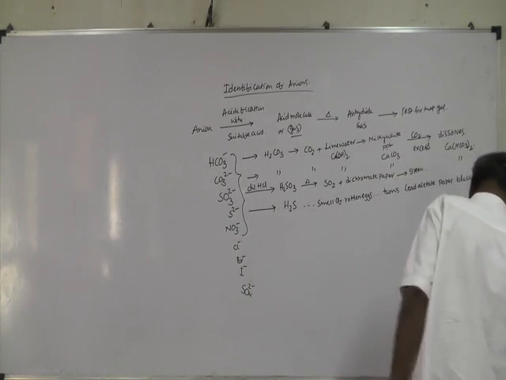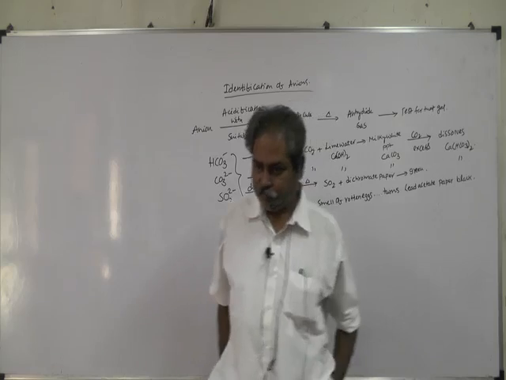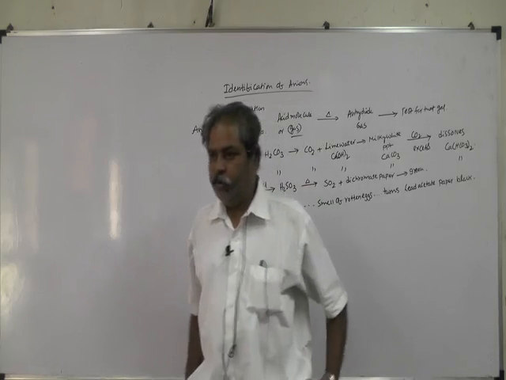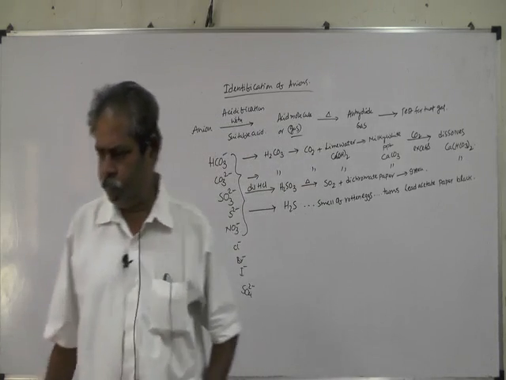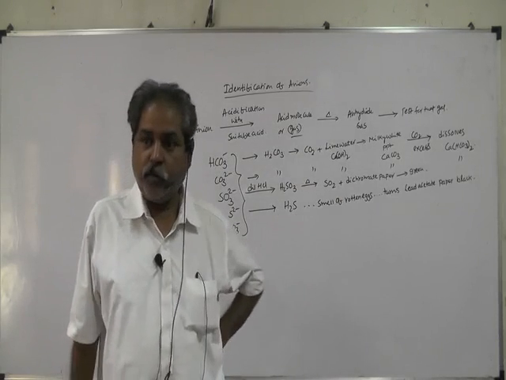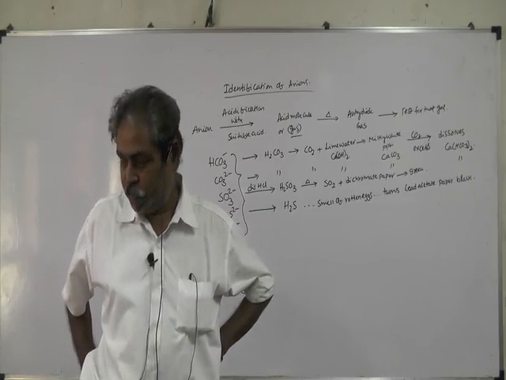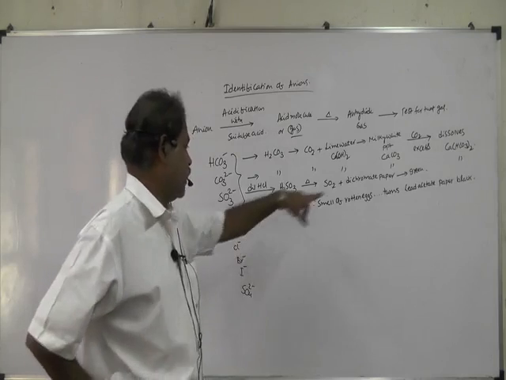And once again, there are many which turn lead acetate black. I told you all cations black, but the only gas that turns lead acetate black.